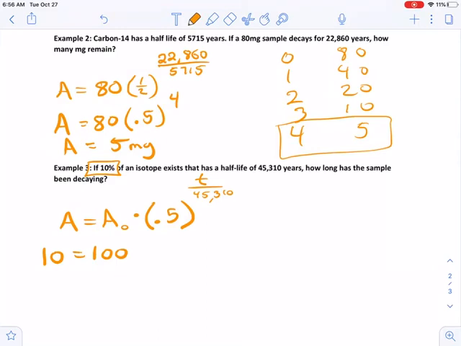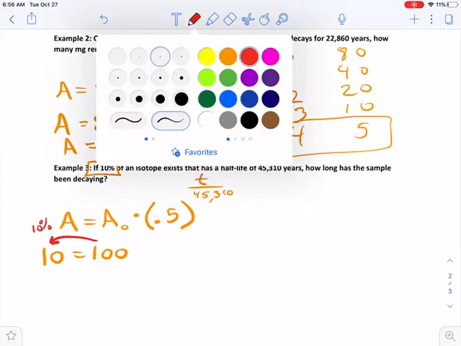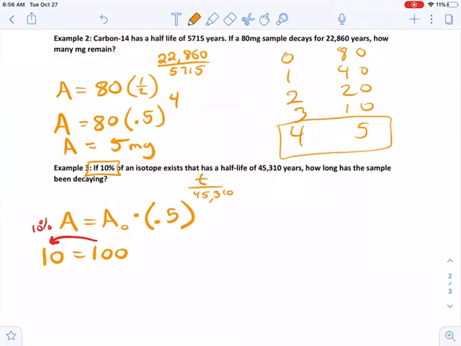Then after that, we're only going to have 10% of it. So this is 10% of 100. And the reason why that's not going to matter is because our first step here is actually going to be to divide both sides by 100. And you're always going to get that same percentage when we do that.